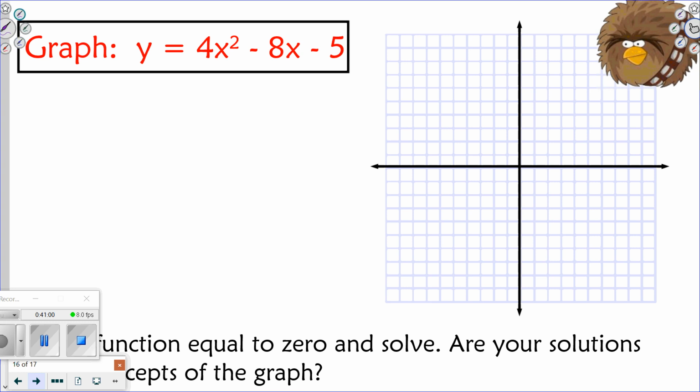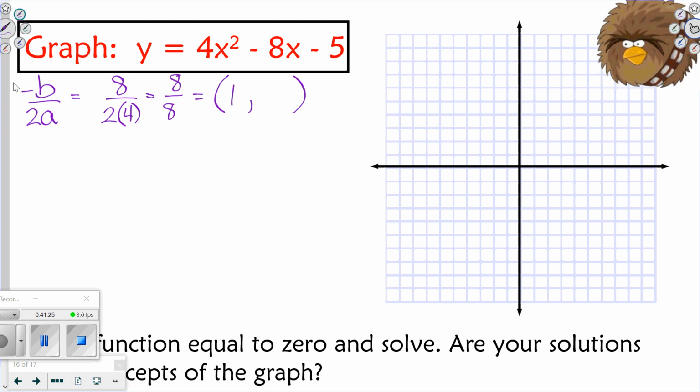So, y equals 4x squared minus 8x minus 5. So if I graph it first, again, let's start with that vertex, negative b over 2a. Negative b, positive 8, over 2 times a, which is 4, which is 8 over 8, which is 1.